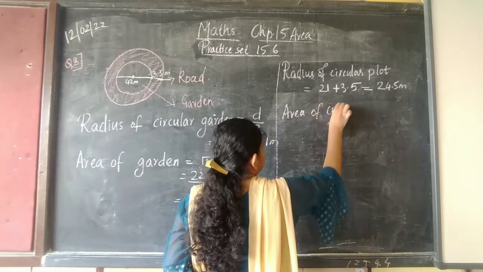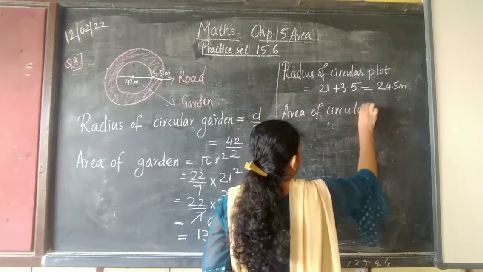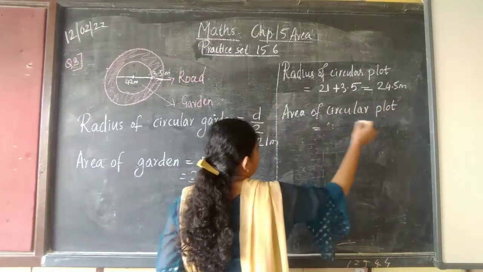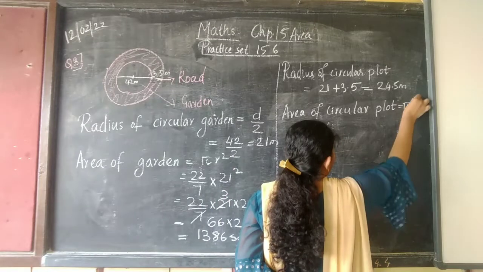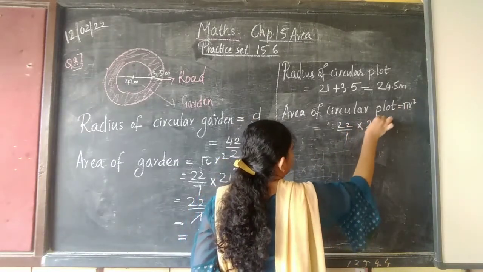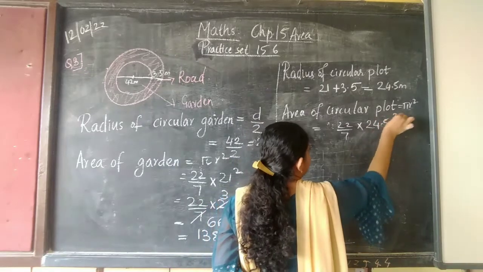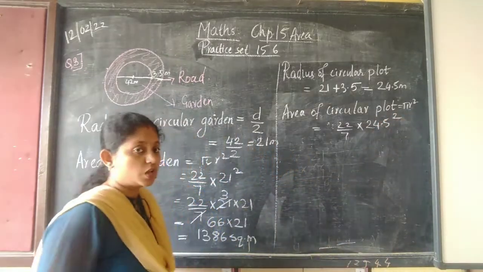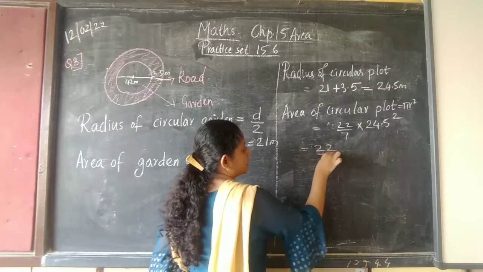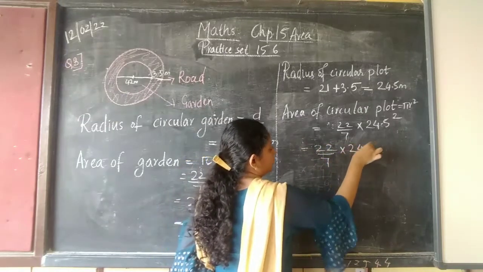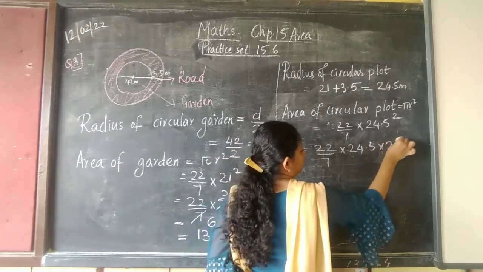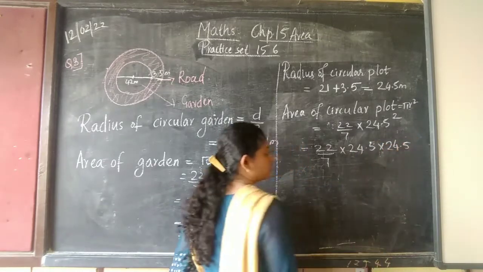Area of circular plot is equal to, you have to write the formula, pi r square. So 22 upon 7 into 24.5 square. Solve it, how much you are going to get here? 22 upon 7 into 24.5, okay, into 24.5.